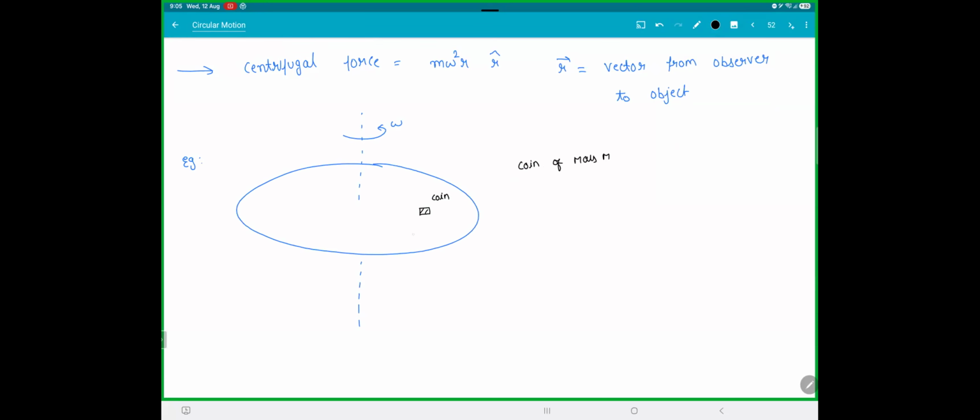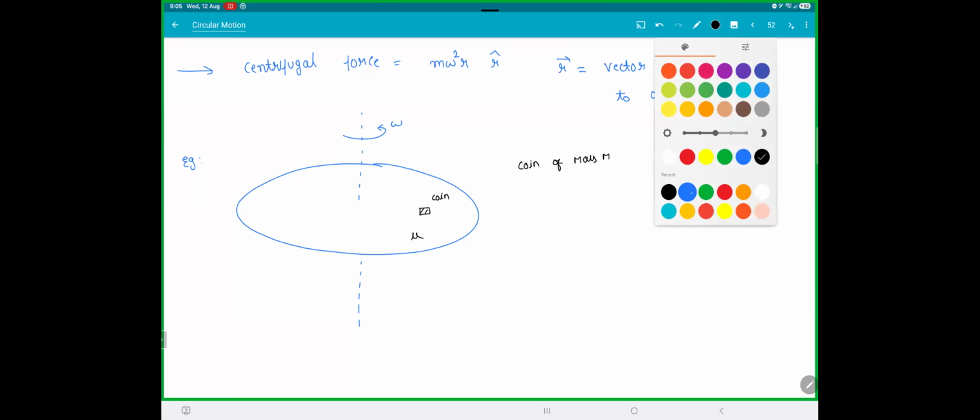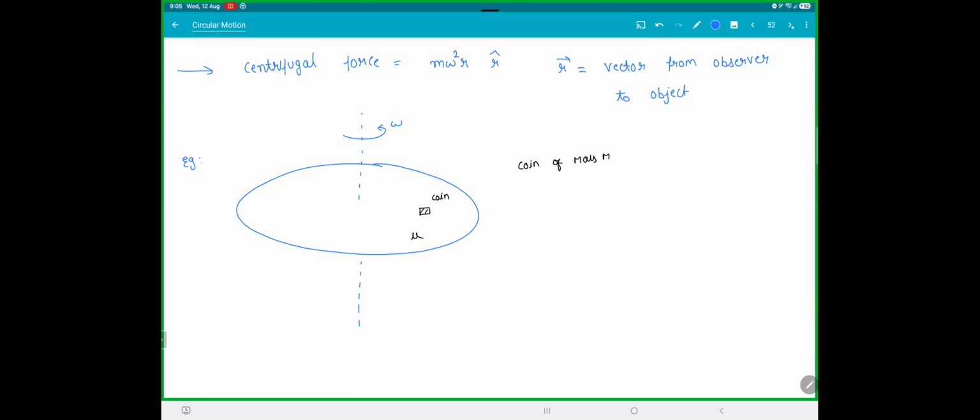And let's say the disk is rough, mu. The question is simple. Let's say this distance is small r and this distance is capital R. So the question is find max omega. Means if you rotate the disk very fast, the coin will slip. Find max omega so that the coin does not slip.